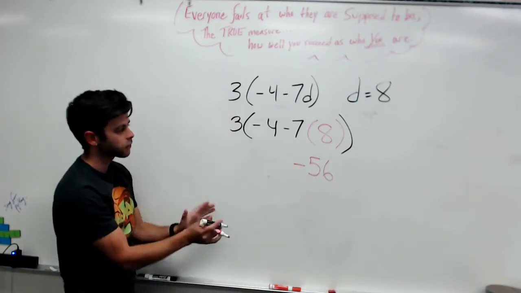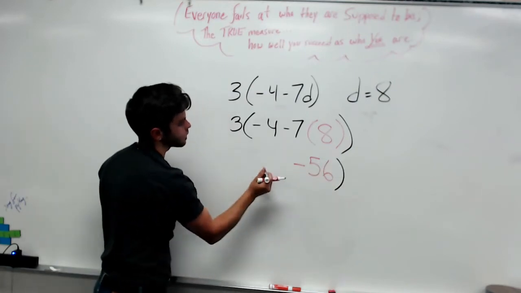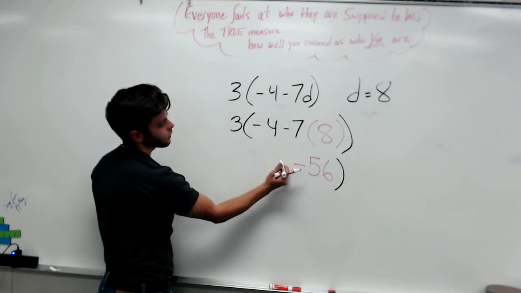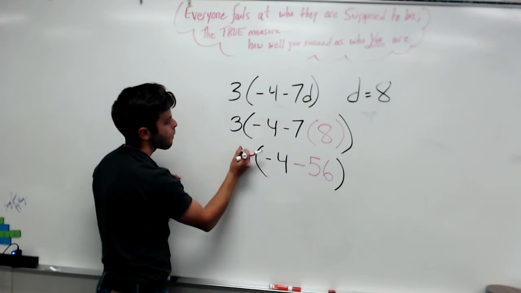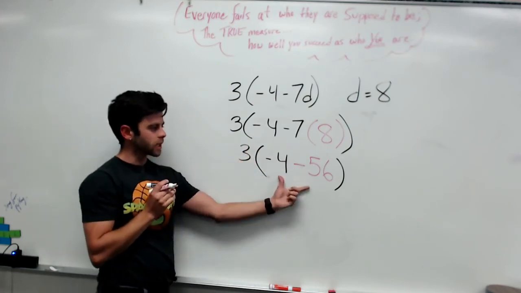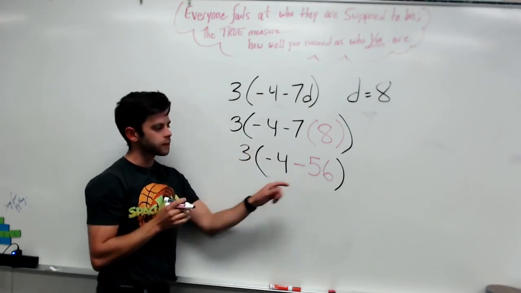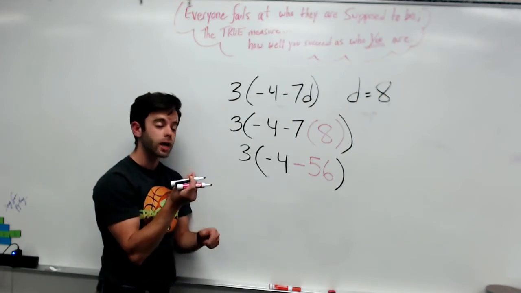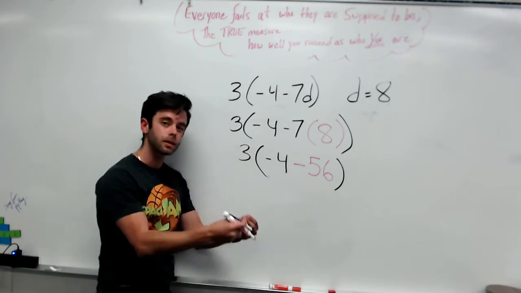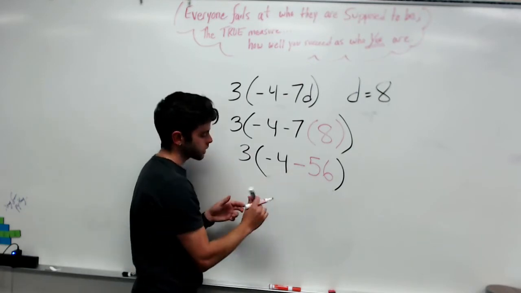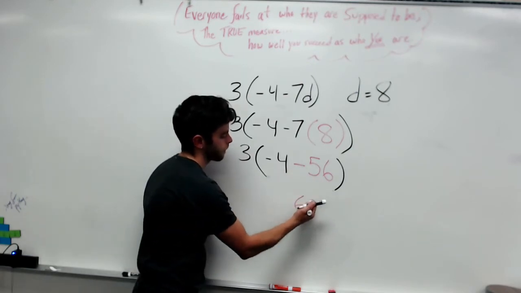I'm going to write down everything else that I didn't use. So the parenthesis, since it's a negative, I don't need to add another negative, right? And then I'm going to keep simplifying. Negative 4 minus 56. Again, when adding and subtracting, same sign, we add them together and keep the sign. So 4 plus 56 is 60.